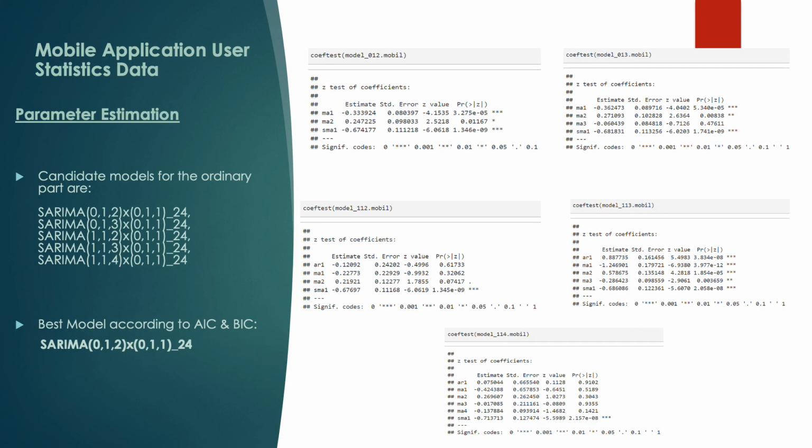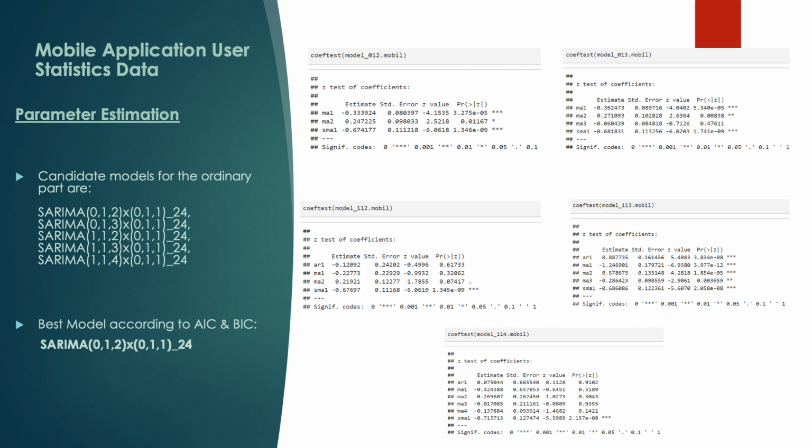To get the other candidate models, we perform the EACF function, which gives us 4 more models. To eliminate the unsuitable models, we perform the coefficient test, and to find the best model, we look at the two functions AIC and BIC.